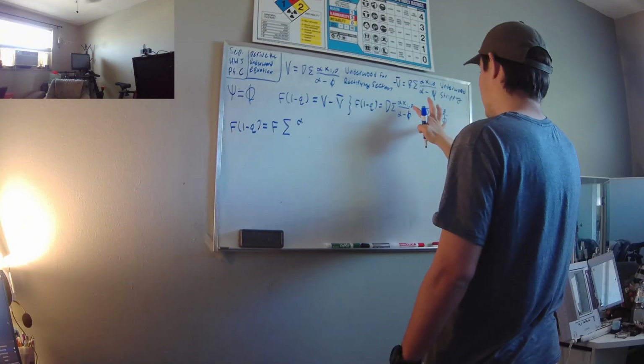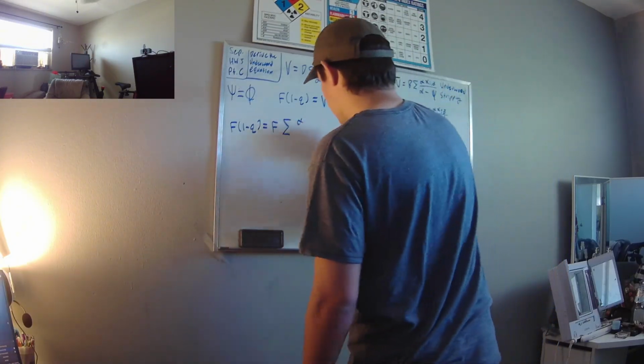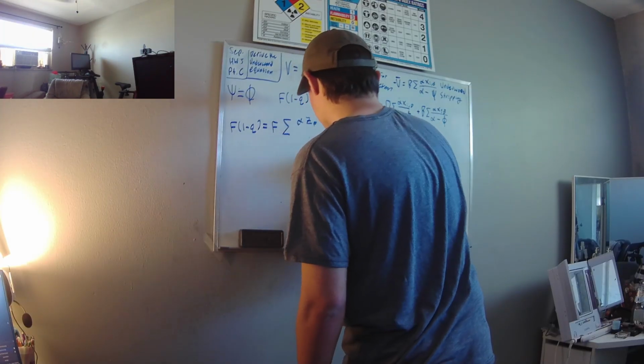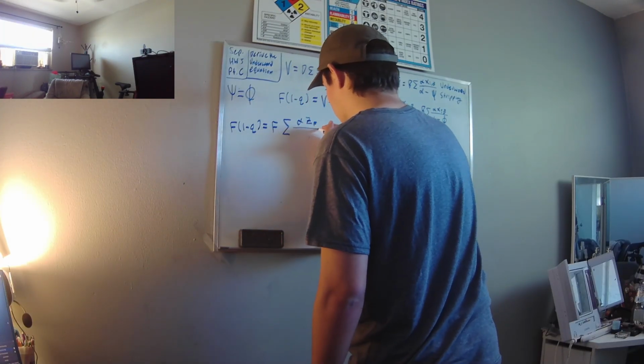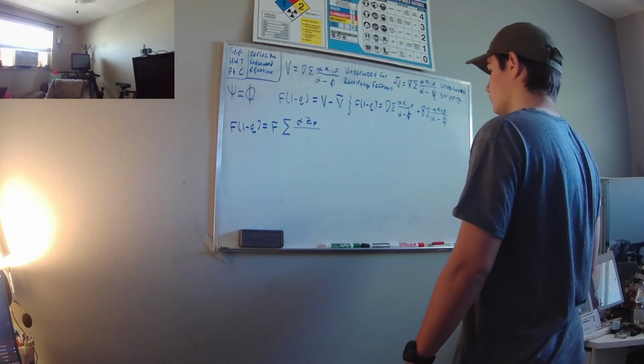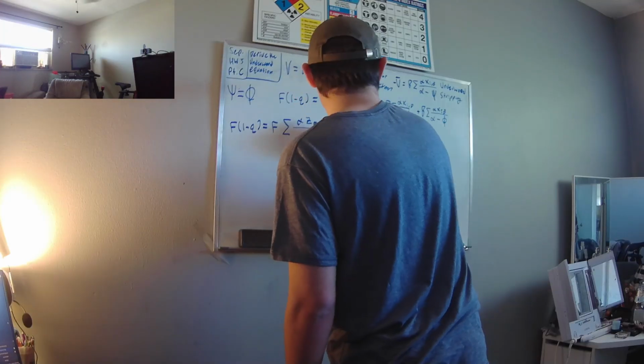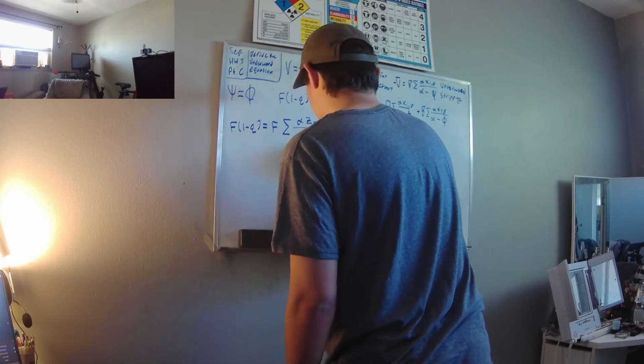Now if we combine xid and xib, we're just going to get our z, feed composition, over our alpha minus our phi.